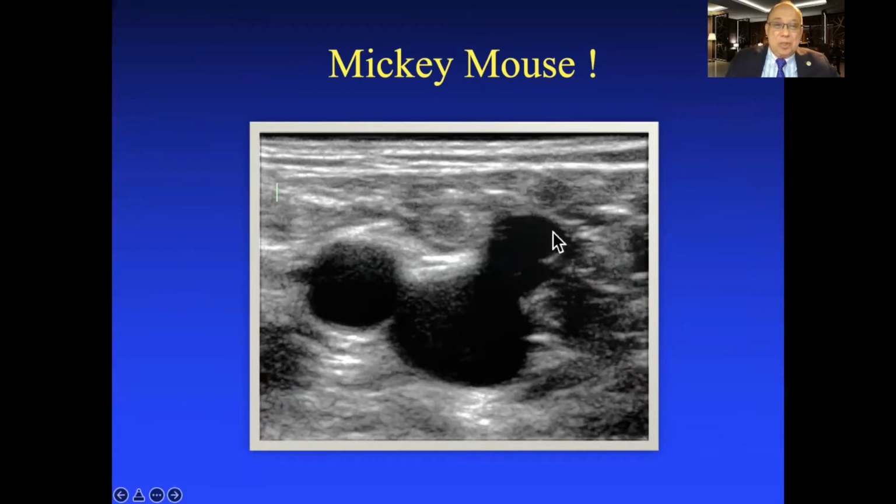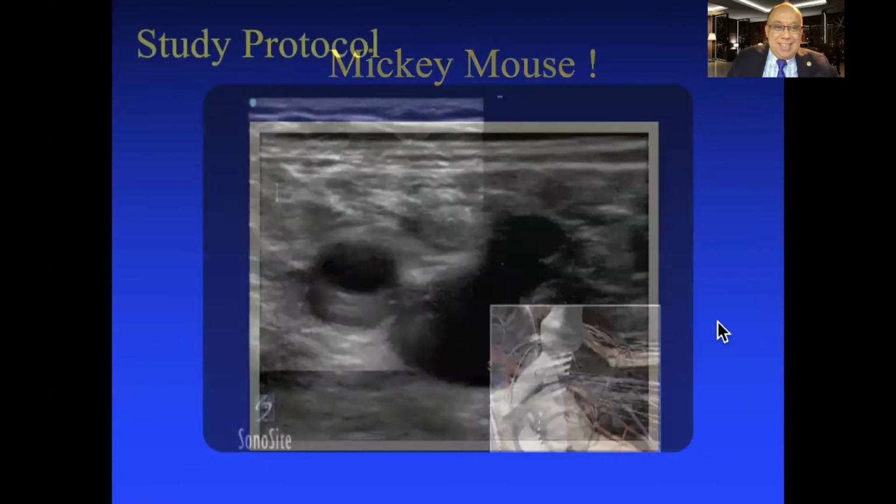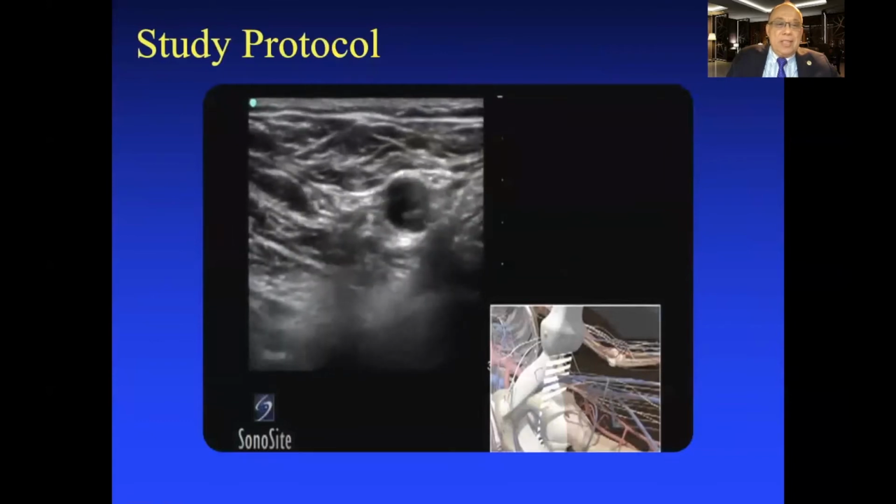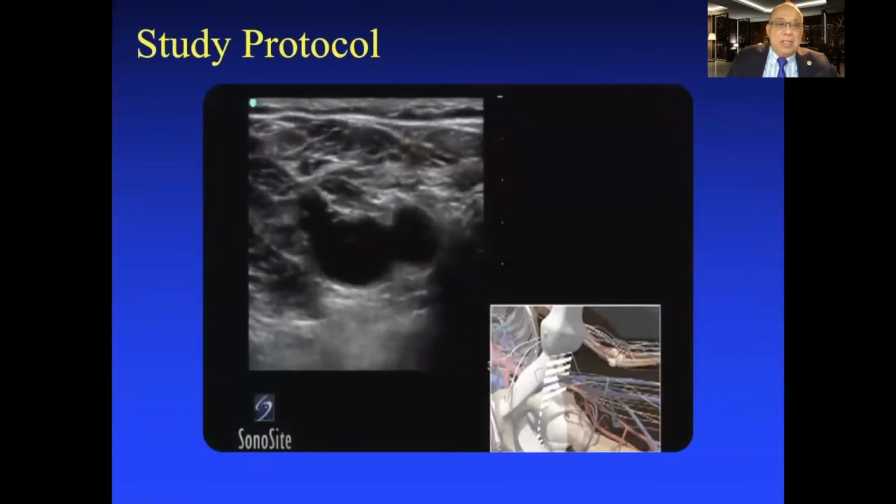We place the transducer in the inguinal region, and doing the proper angulation, we can find this Mickey Mouse shape. Let's see this video. We are doing the compressive maneuver.